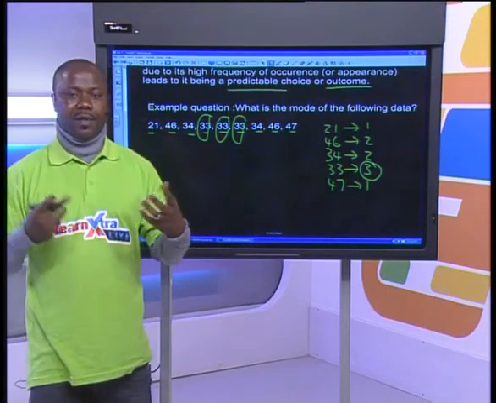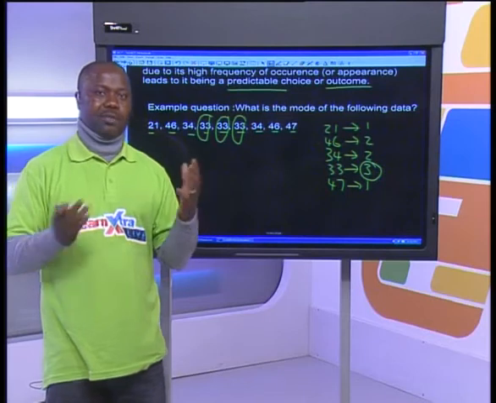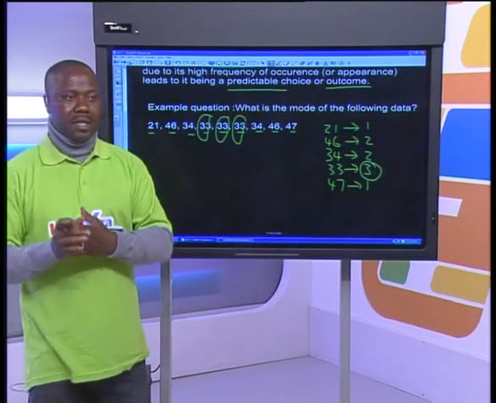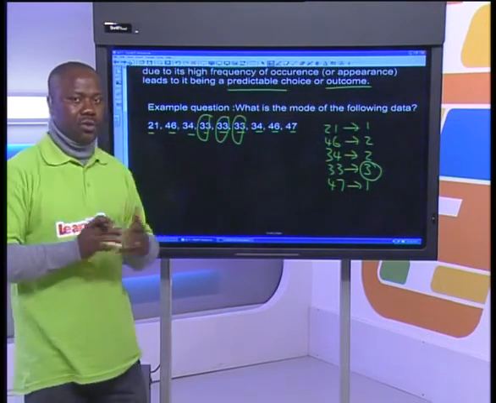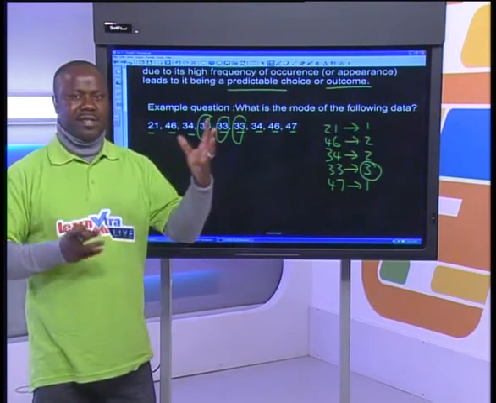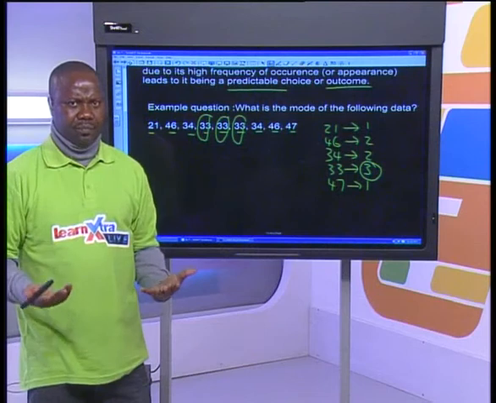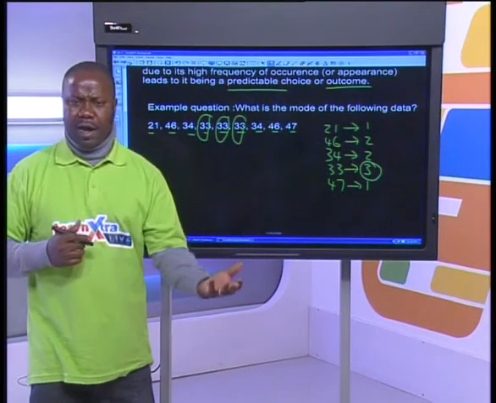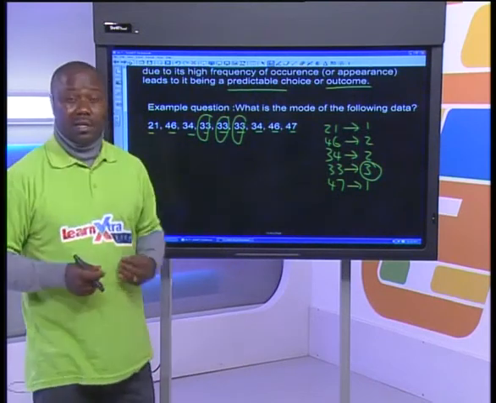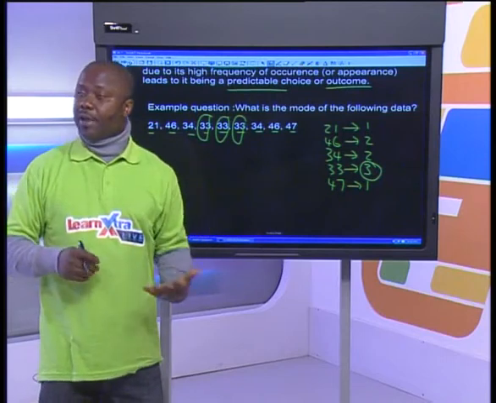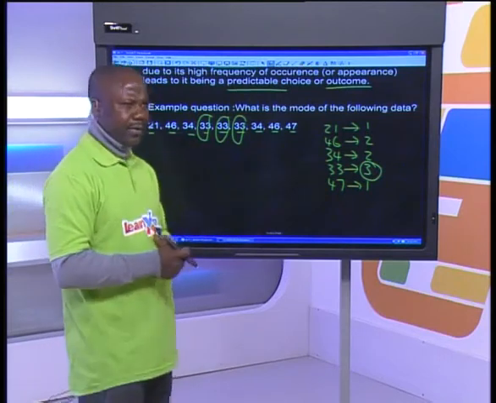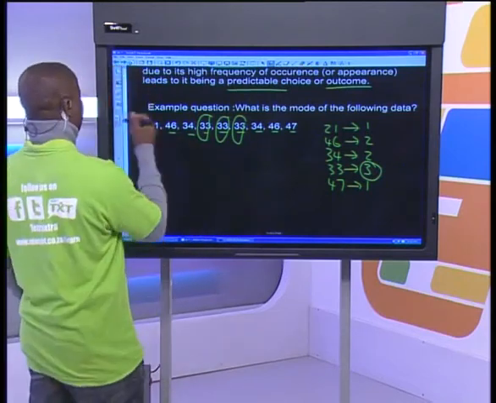Your analysis is either going to be algebraic or graphical. So for now, we're going to look at a few ways in which we can bring this information out in the form of a picture. Typically, the bar graph or bar chart, the histogram, those kinds of graphs. That's what we're moving into.